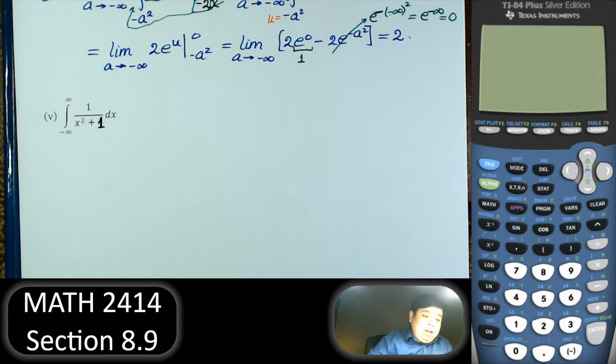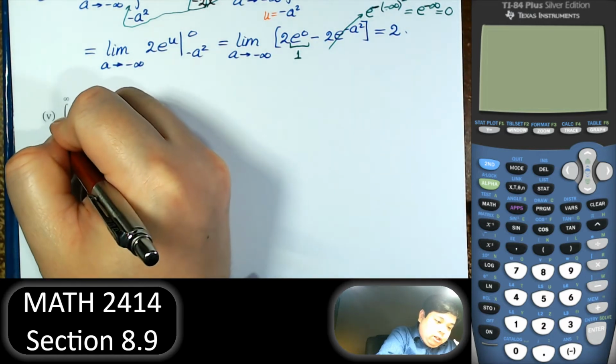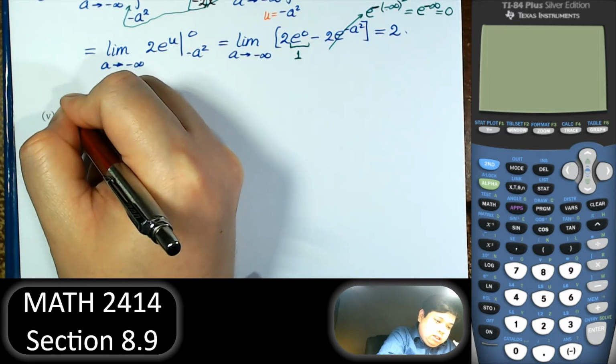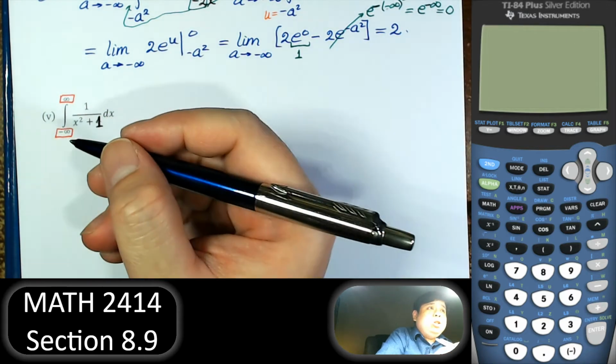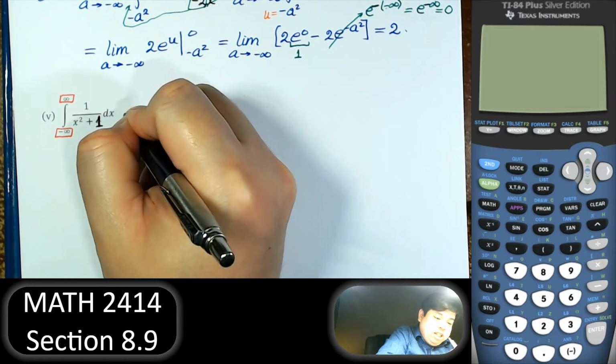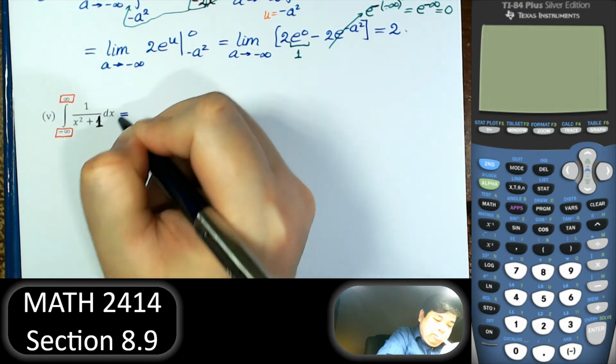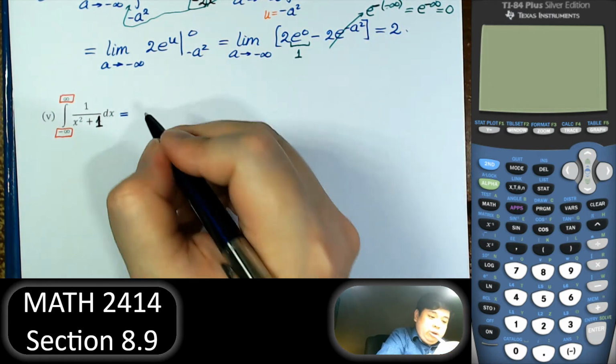Right, now, when we have both infinities as the limits, what we need to do is split that, and we can split using any number in between negative infinity and infinity. Pretty much any number is between those two, so any number will do. But I'm going to use 0 because that's more convenient. So I'm going to split in 2.